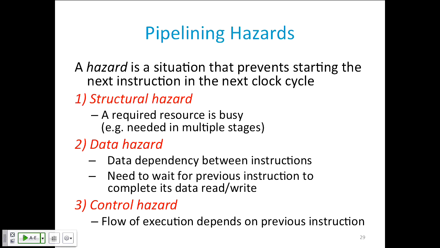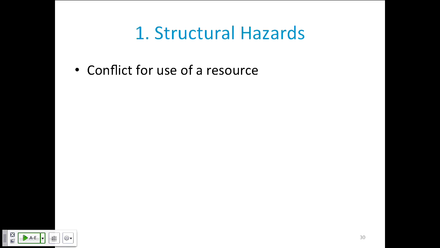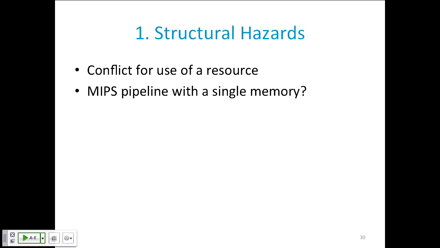And so computer architects have spent a long time trying to figure out how to cope with these various hazards to improve pipeline performance. The first one is actually the easiest one. Structural hazards are just when you get a conflict to use some resource. As an example, let's imagine doing this pipeline, but with only a single memory unit instead of having separate instruction and data memory.